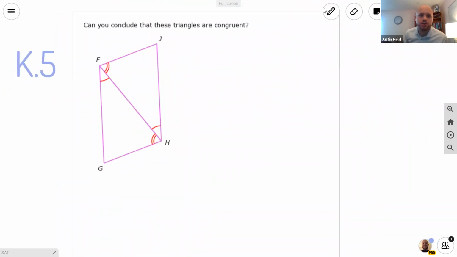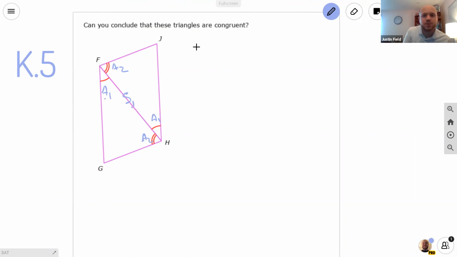Can you conclude that these two triangles are congruent? Well, we have our A1. We have our A2. And what's Mr. Field's favorite? Reflexive property. Okay, angle, side, angle.